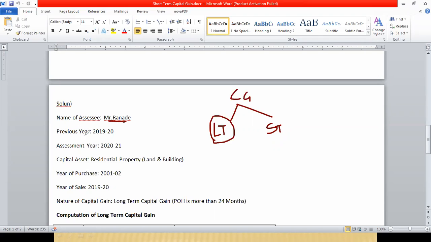So Mr. Ranade, previous year 2019-20 and assessment year 2021-22. The capital asset is a residential property, so it comes under the category of land and building. Can anybody tell me what the period of holding is for land and building to become long-term? Three categories we have seen: listed securities, land and building, and other category.